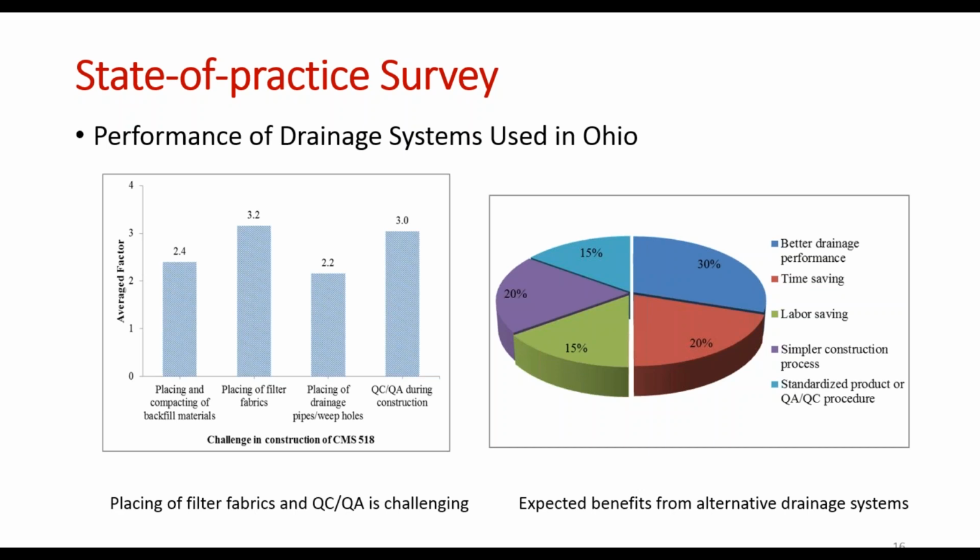We also asked them if they would like to have an alternative drainage system, and in general they expect some benefit from that system. Of course, you can say anything about the benefits: the cost savings, labor savings, and easier ways to control the quality, and so on and so forth.